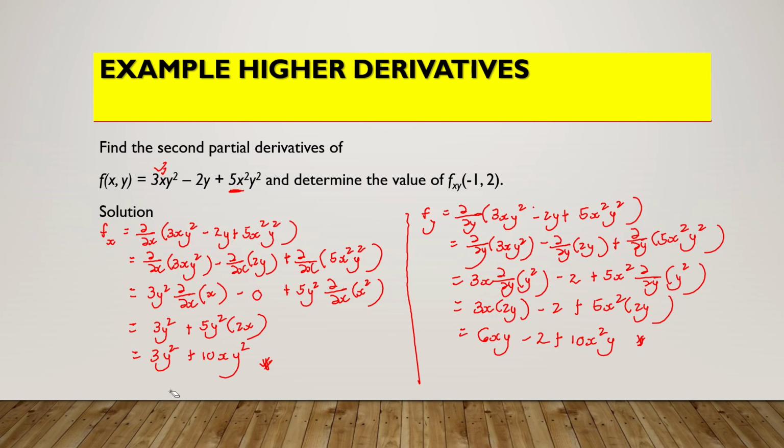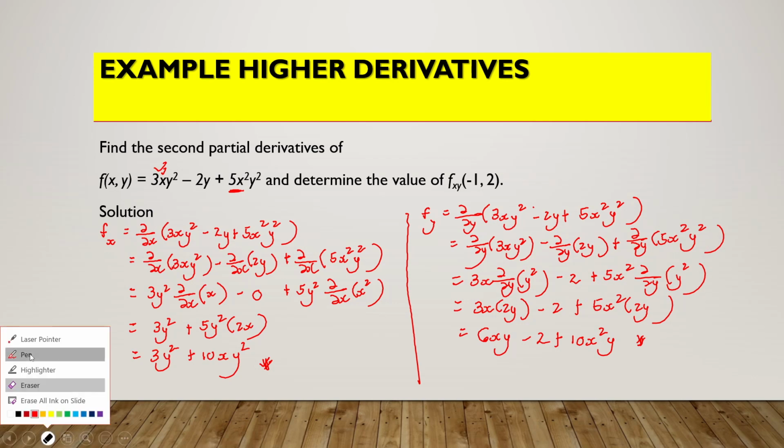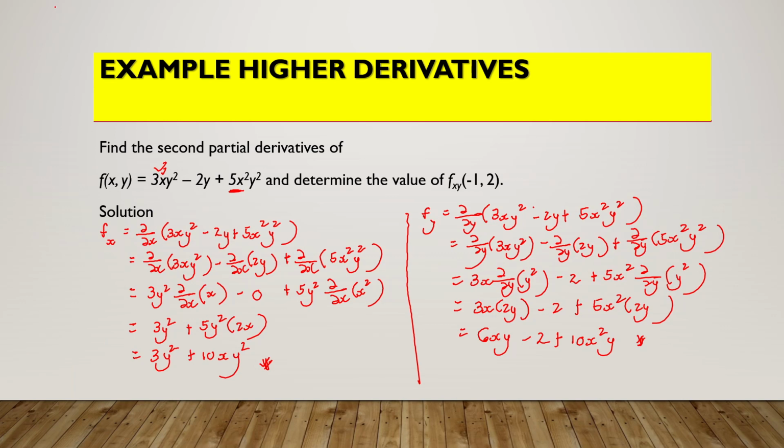I have no place to write, so I will jot it down on top. fx is 3y squared plus 10xy squared, and fy is 6xy minus 2 plus 10x squared y.